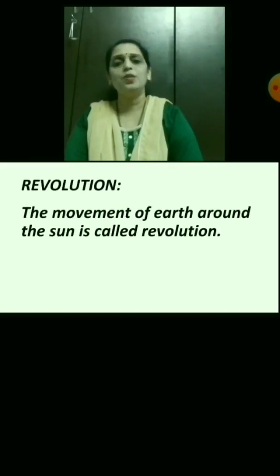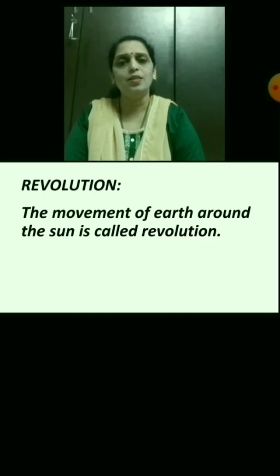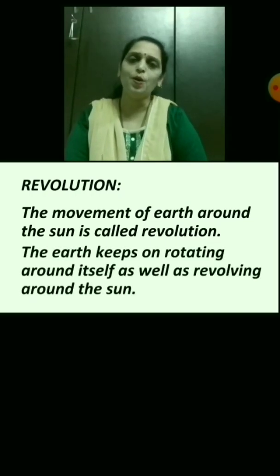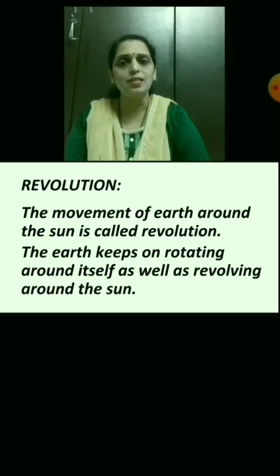Is it clear? Now the next is revolution. The movement of earth around the sun is called revolution. The earth keeps on rotating around itself as well as revolving around the sun.